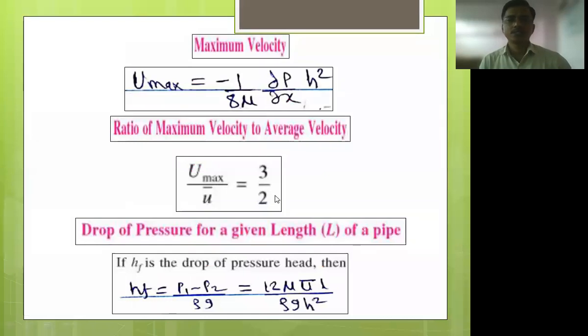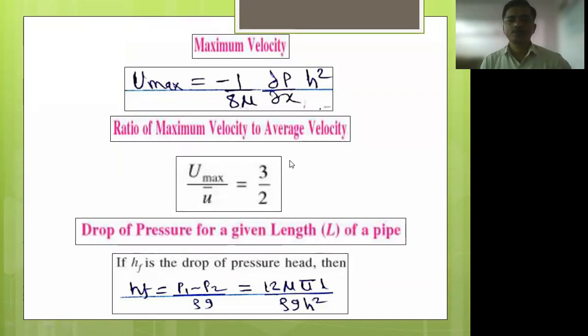Then maximum velocity. U max is equal to minus 1 by 8 mu into del p upon del x into h square.